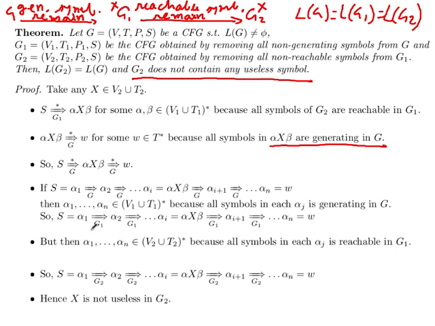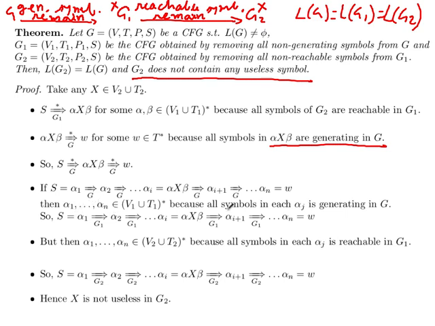Now you see that all these alpha i's are generating in G. Not alpha i's, but generating symbols, we said.